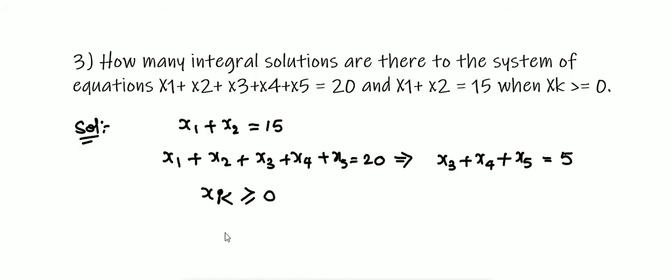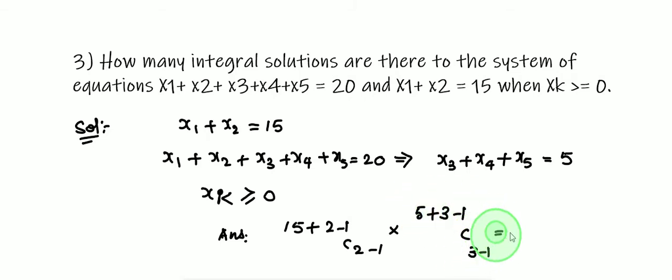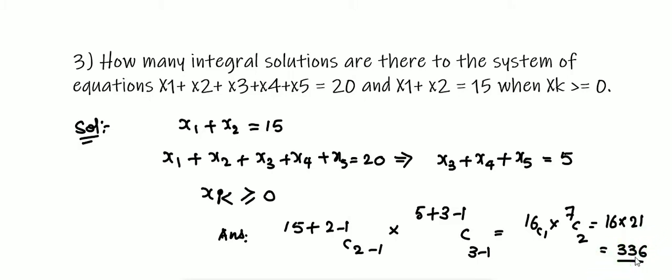So the answer is 15 plus 2 minus 1 C 2 minus 1 non-negative integral solutions, into, by the multiplication theorem, 5 plus 3 minus 1 C 3 minus 1, which is equal to 16C1 into 7C2. That's nothing but 16 into 21, that is 336. 336 is the solution.